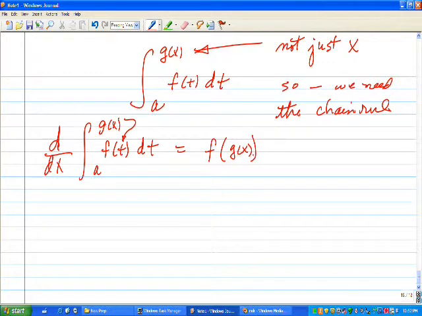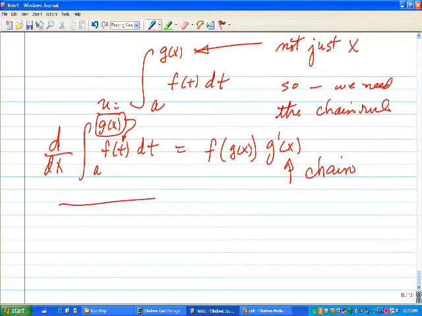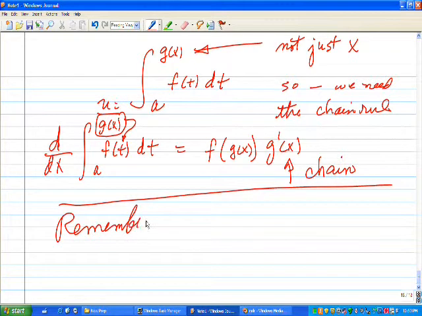But we're not through yet. We need the chain rule. Since this is not plain old x, it's some u equal g of x, we need to calculate the derivative of g of x, which is g prime of x. Chain rule. I guarantee you we're going to have some problems like this on the final, and you'll have to remember the chain rule.